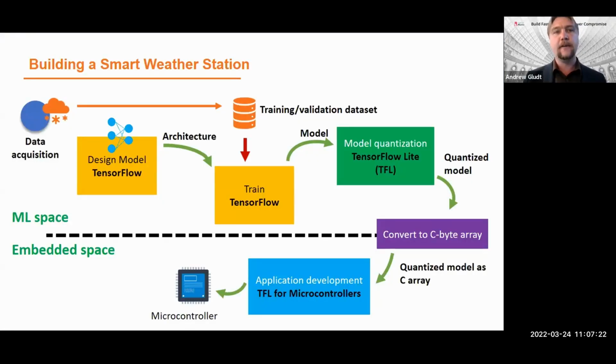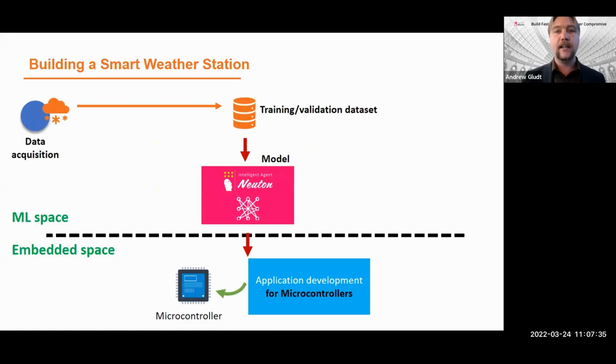So as we saw from the example of Gian Marco, here are the overall steps in order to do it with the TensorFlow solution and TensorFlow Lite. When we leverage Neuton, we can simplify the process, and automate the creation of the neural network. We do automatic cross-validation.